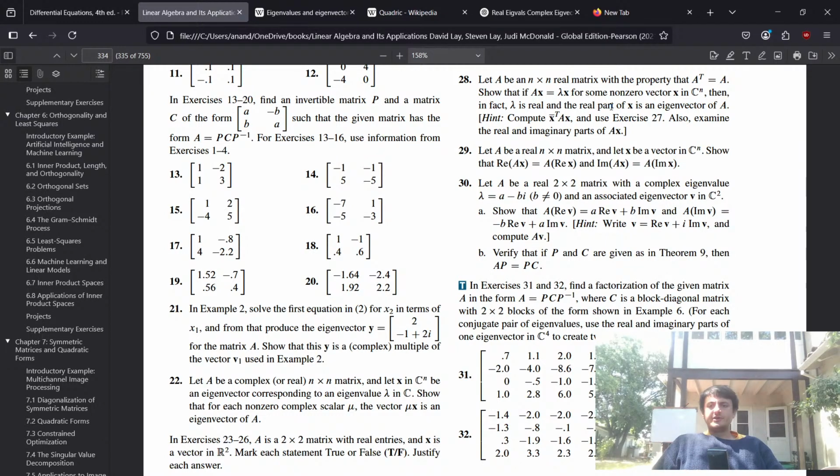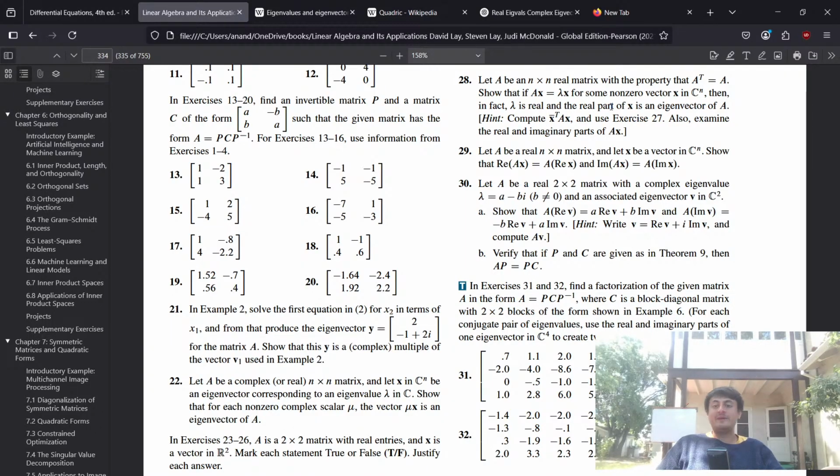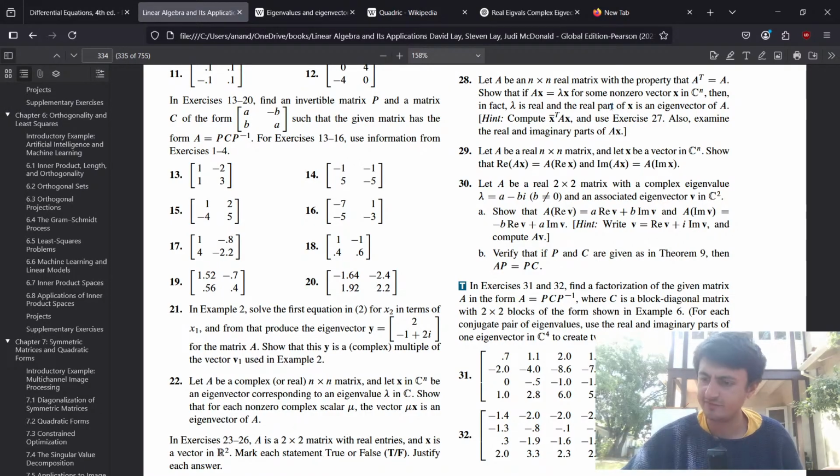Okay, so if you have a real symmetric square matrix and you have some complex eigenvector, then the eigenvalue is real. You're telling me... 28 seems crazy. I wouldn't even have thought that was true.